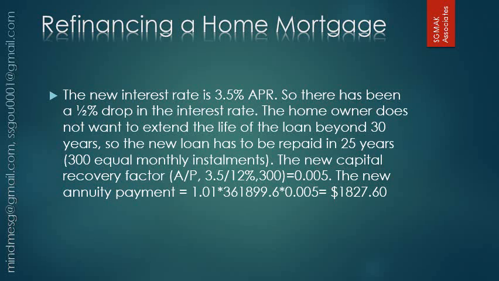The homeowner does not want to extend the life of the loan beyond 30 years. So the new loan has to be repaid in 25 years because you've already paid 5 years of the original loan. And that comes out to be 300 equal monthly installments. So the new capital recovery factor will be A over P, 3.5 over 12% and 300 payments. And that factor is 0.005.